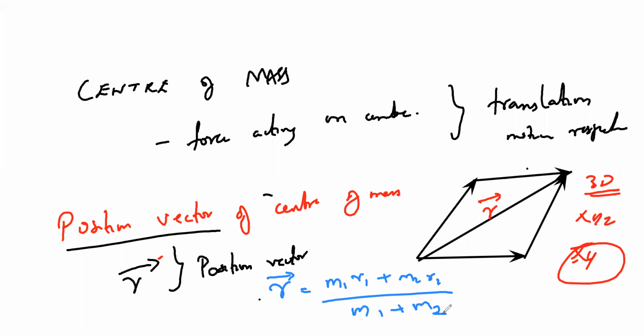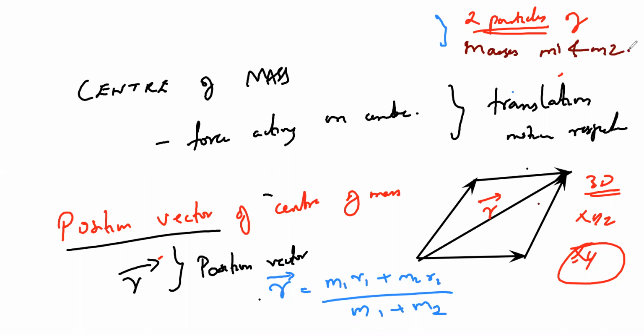So here, what are M1 and M2? M1 and M2 are the masses of two particles, of masses M1 and M2 respectively.